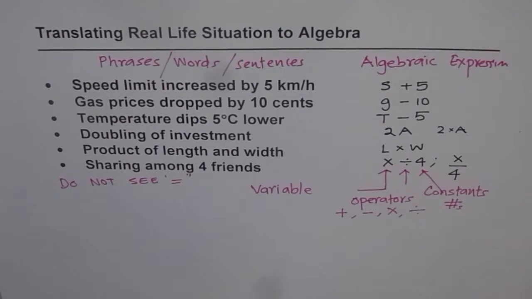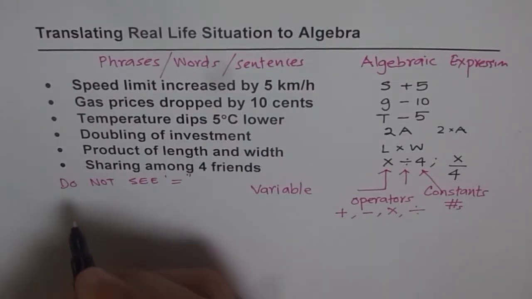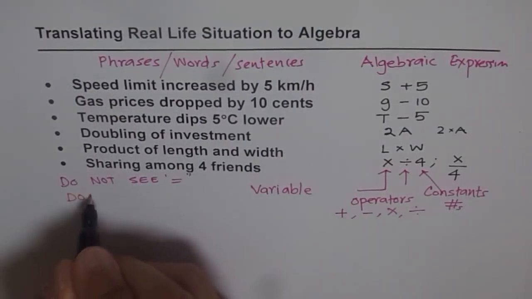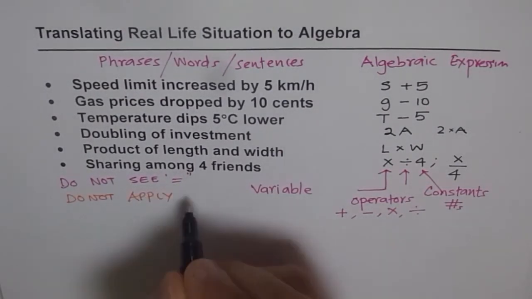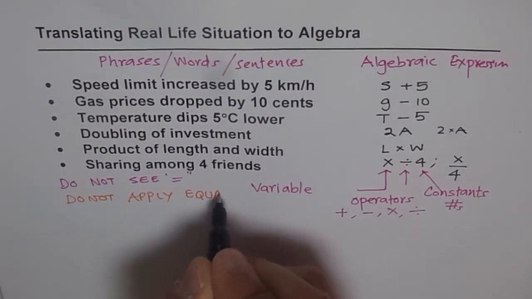At present we are not talking about calculating anything, we are not talking about finding any particular value or solving an equation, right? So in all these cases, remember one thing: do not use, do not apply the equal to sign, okay?